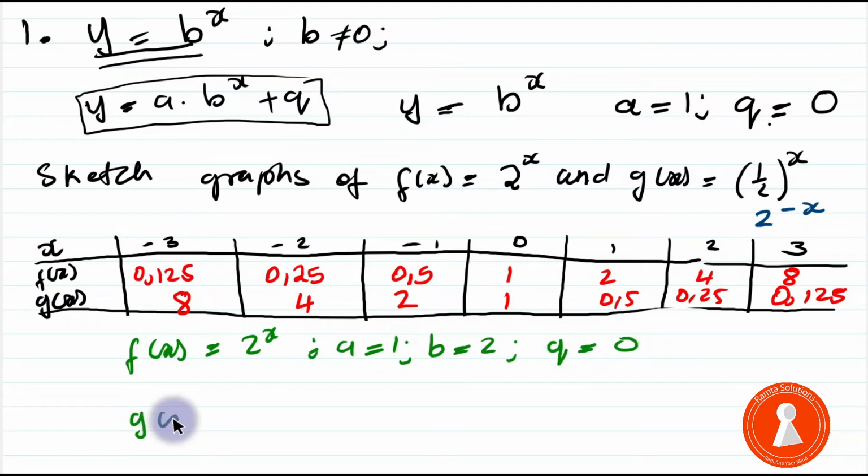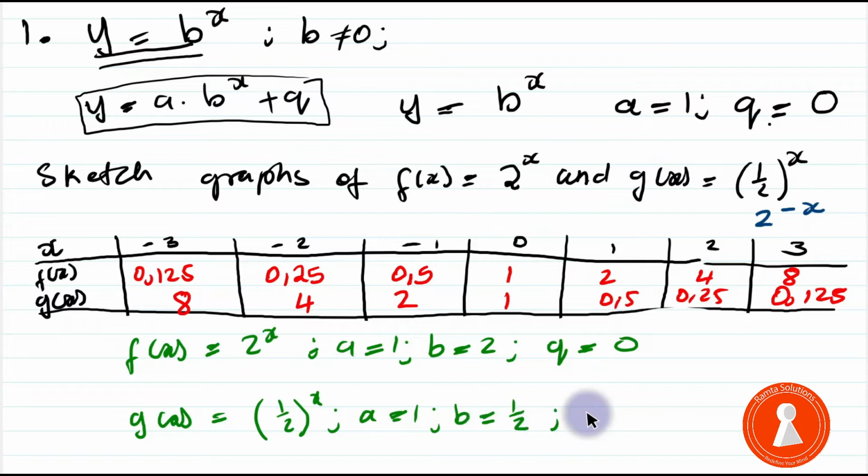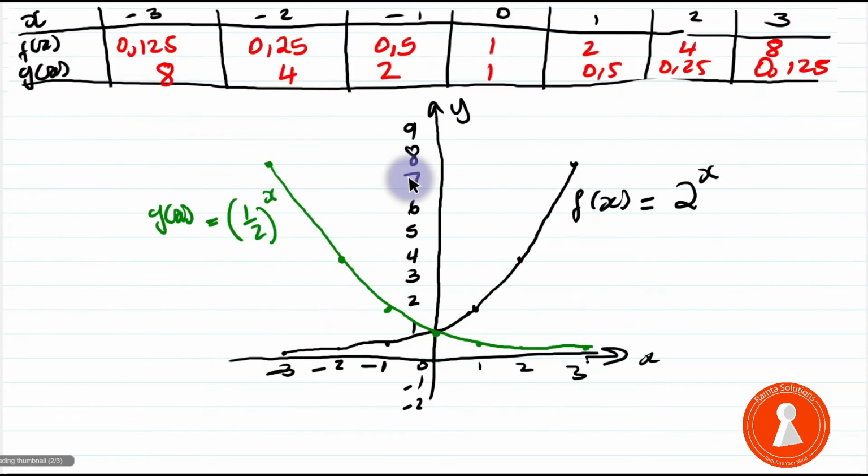With g of x, a is 1 again, b is half, again q is 0, right? So you have seen how the graph looks. Remember, we are investigating. In this investigation, it is when a is equal to 1 and q is 0.